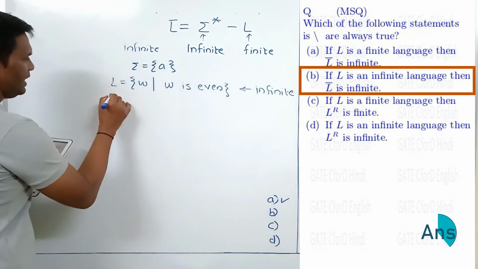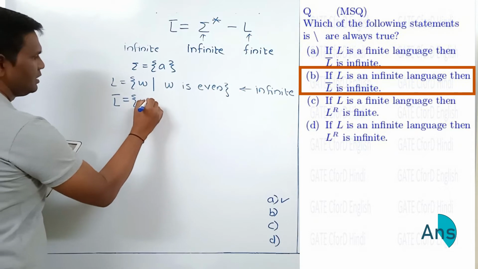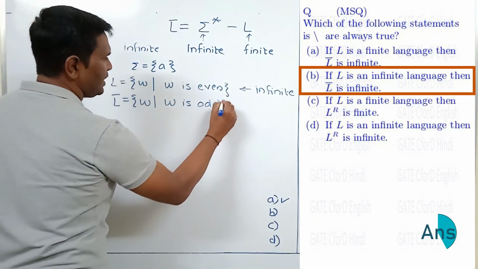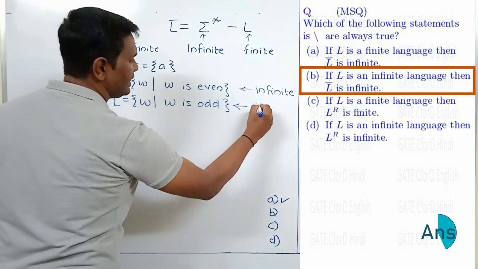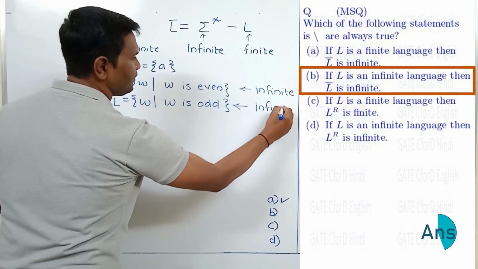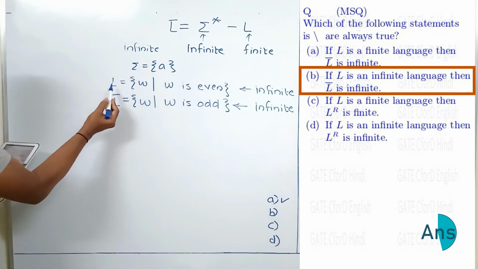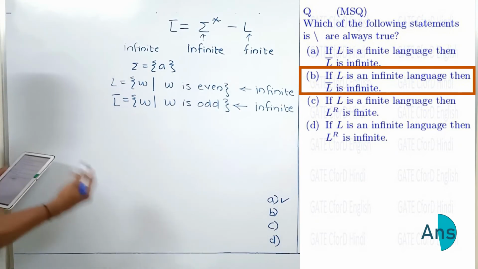So complement of the language will be W such that W is odd. This is also infinite language. So in this case, L is infinite, complement of the language also is infinite.